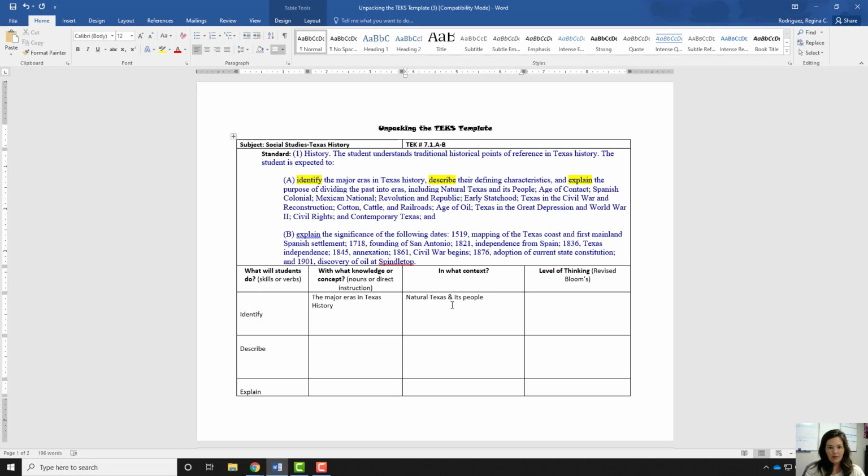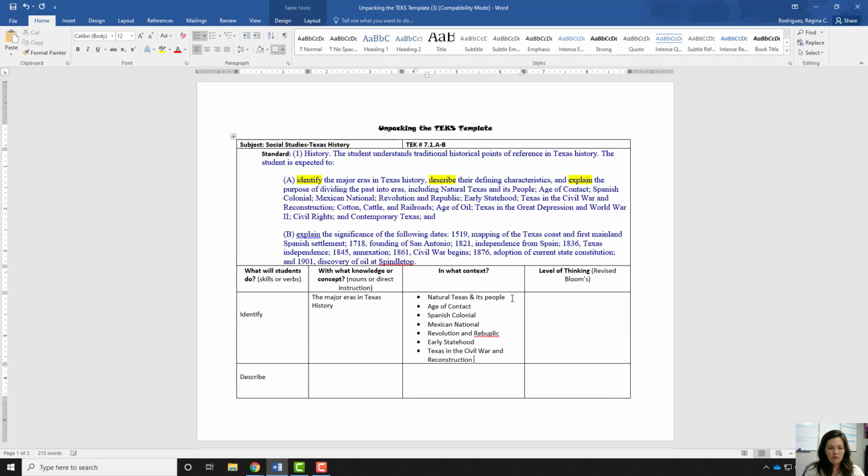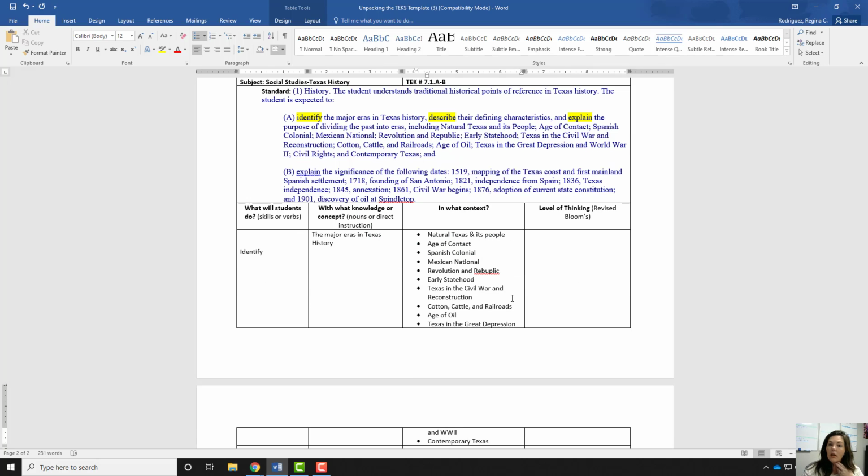Okay, that is enough for that. That is one thing. I could write a content objective for that. Okay, I'm going to go the major eras in history. I'm going to bullet point these. Natural Texas and its people. Age of contact. Okay, so I went ahead and filled in the rest of the context.